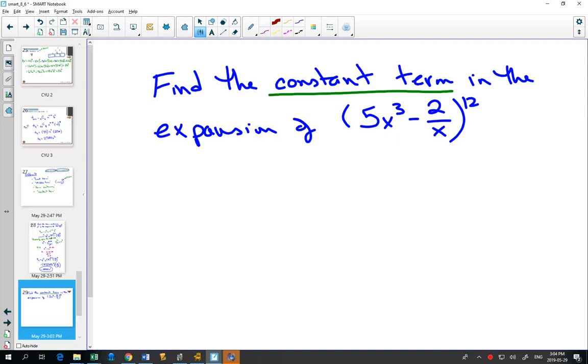The letters are the variables. The number in front of a variable is a coefficient. A constant is just a number without a variable. In other words, another way we can think of it is it's the term containing x to the 0.